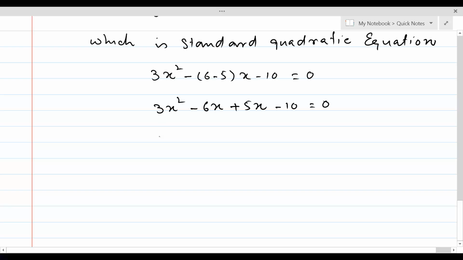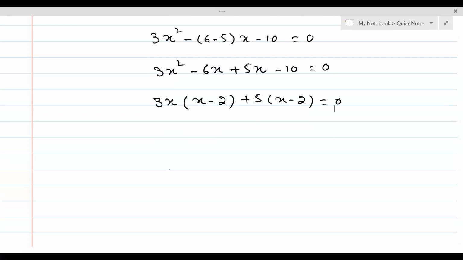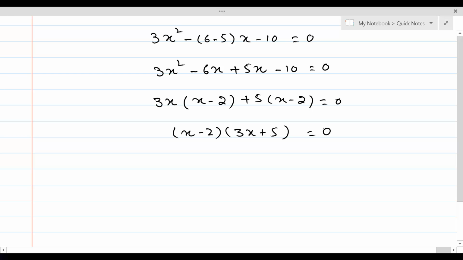If we take common 3x, inside is x minus 2, plus 5 common, inside is x minus 2 again, and this leaves us with the product of x minus 2 into 3x plus 5 equal to 0.